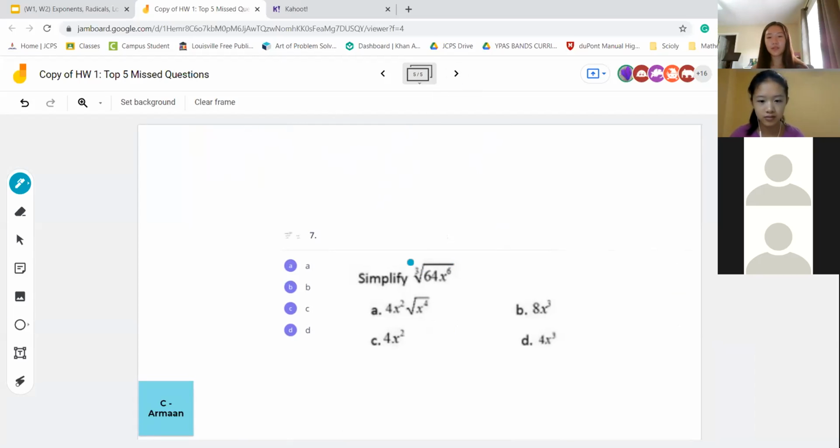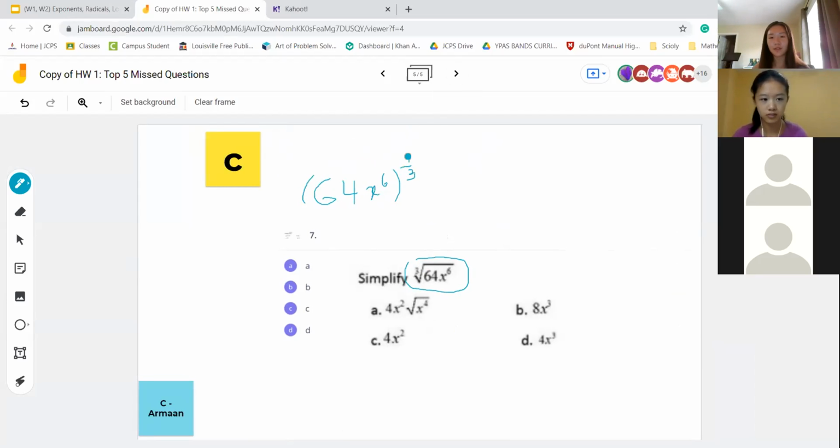So this one was a little more confusing, I'm guessing. But basically, it's asking for the cube root. The cube root is the same thing as raising this expression to the power of 1/3, right?